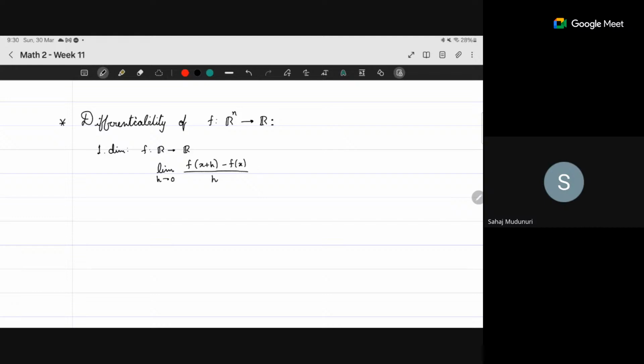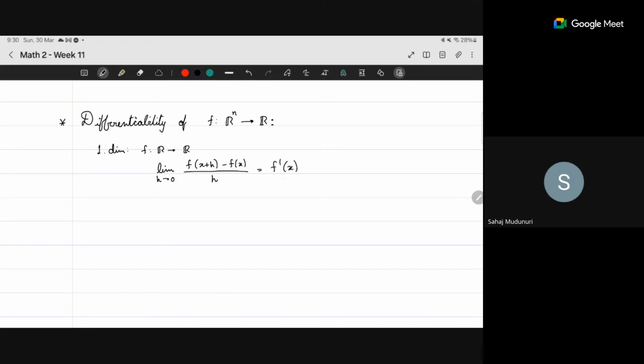You want the limit to exist, and here there is no unit direction. There's nothing like that because you can just add these real numbers. x is a real number, h is a real number. You just add it and measure the rate of change of the function with respect to the input, and you call that the derivative. So this is just like the speed of the function.